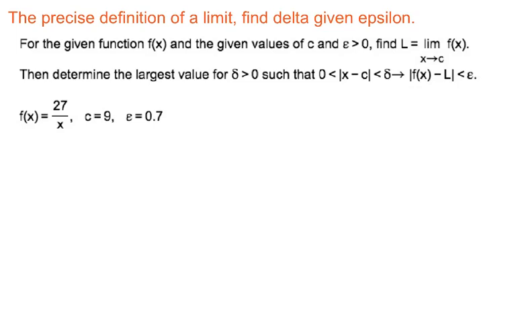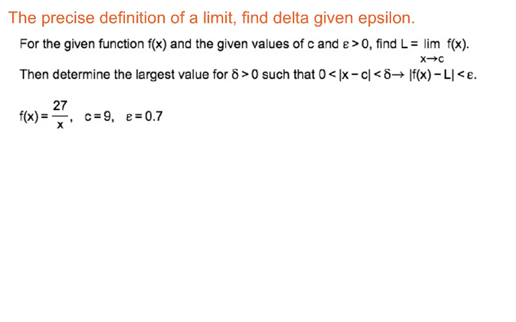We're going to do an example in this video using the precise definition of a limit. We're going to find the limit value, and specifically we are going to determine my delta, my horizontal error, given epsilon, my vertical error.